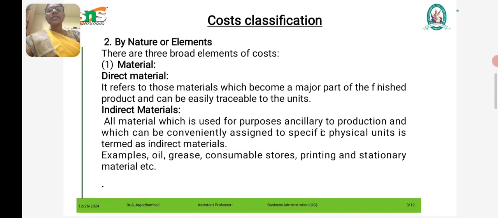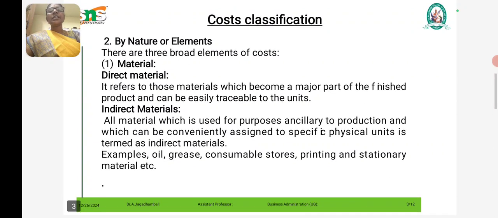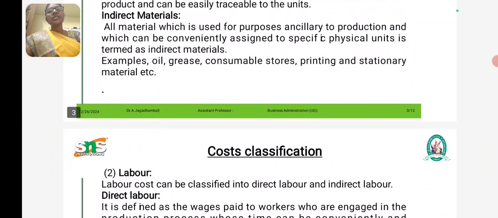For example, while producing goods and services, we use oil, grease, consumable stores, printing and stationery materials, etc. So material is classified into direct material, which is a major part of the finished goods, and indirect material, such as oil, consumable stores, and stationery materials.